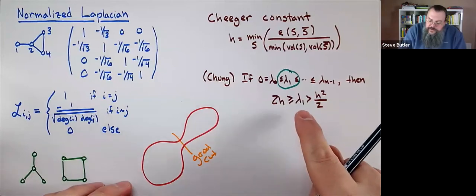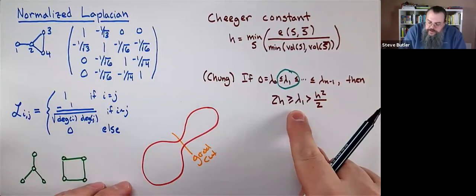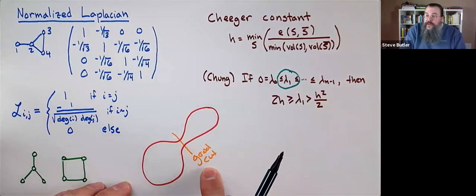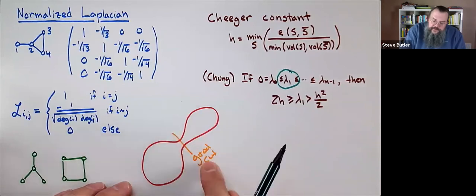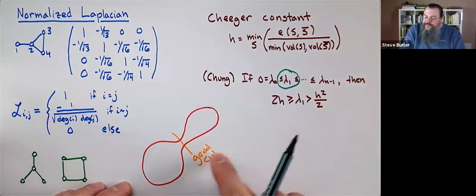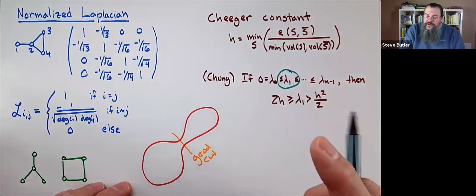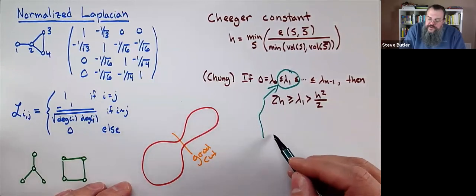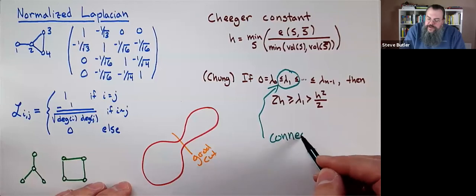So if lambda 1 is small, somewhere out there, there's a way to cut your graph. On the other hand, if there's a way to cut your graph, lambda 1 has to be small.